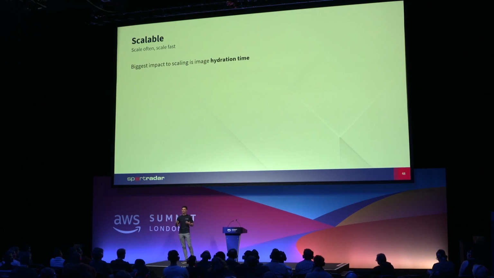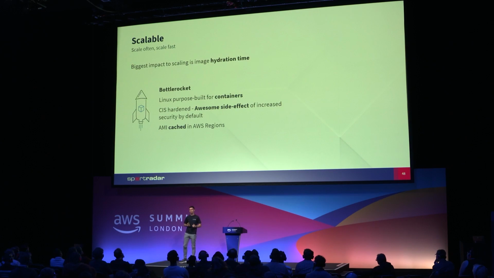So we looked at Amazon Linux, but we soon discovered something even better, and that's AWS Bottlerocket. It's a purpose-built Linux operating system for running container workloads, and as it's CIS hardened, it will bring you an awesome side effect, again, of increased security posture.